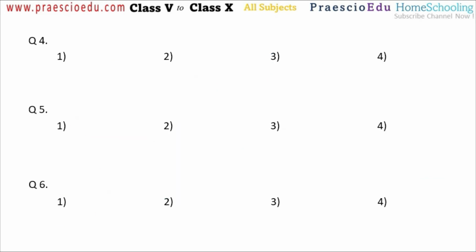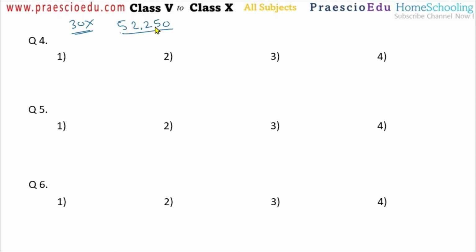Now question number 4. The cost of an SUV is 30 times that of the motorcycle. What is the cost of the SUV if the cost of the motorcycle is 52,250? As the condition is given, the SUV's cost is 30 times the motorcycle's, and the motorcycle cost is 52,250.